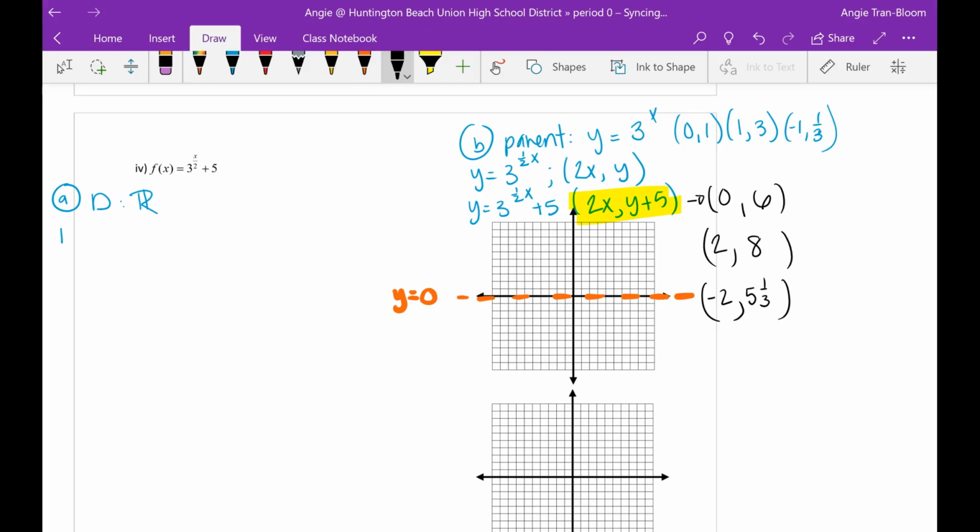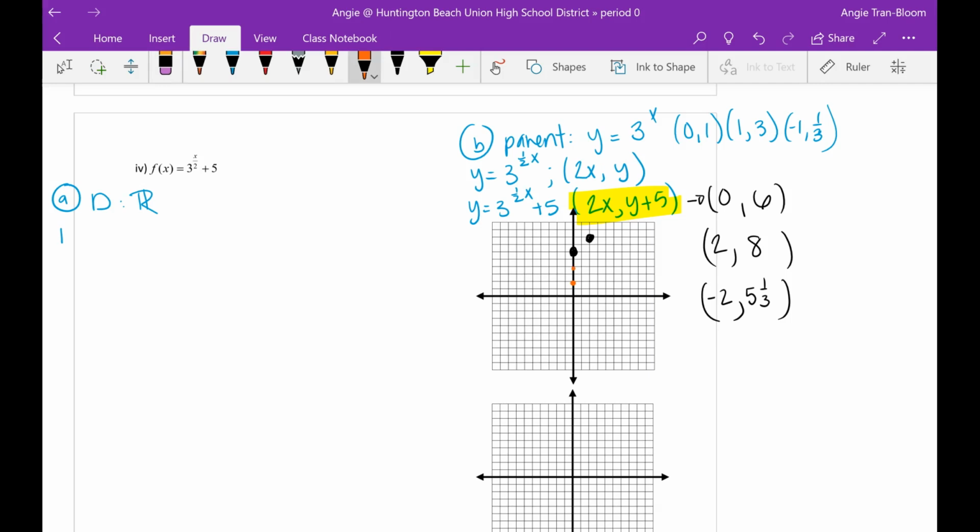So 0, 6, go up, 0, go to 6. 2, 8. This is 10 by 10, so it's easy for me to do that. And then negative 2. Oh, did I mess this up again? Oh my. All right. Sorry. Because we are adding 5, that means my asymptote is going up 5.